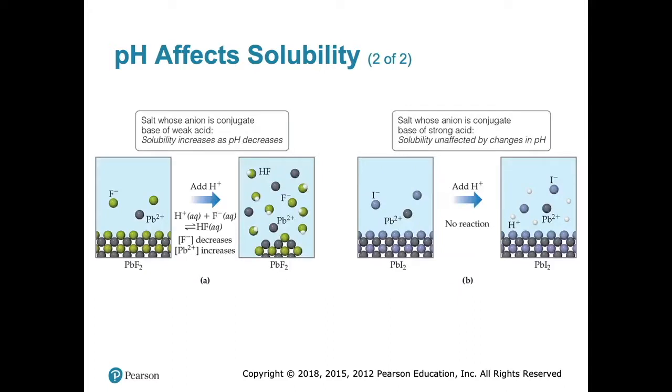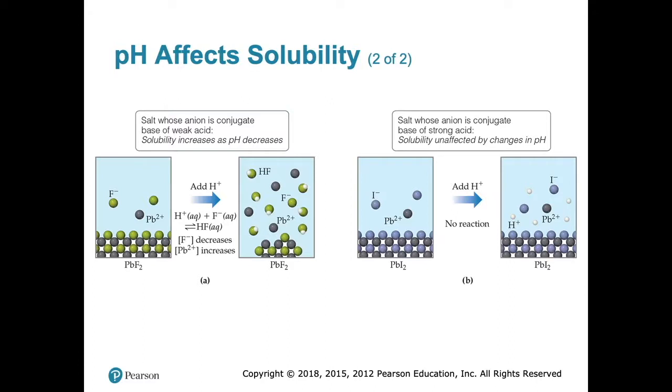All right, this is a picture showing you the effects of pH on solubility. Here, the salt ions are the conjugate base of a weak acid, so solubility increases as the pH increases. And on this one, for salt ions whose anion is the conjugate base of a strong acid, the solubility is unaffected by any change of pH.